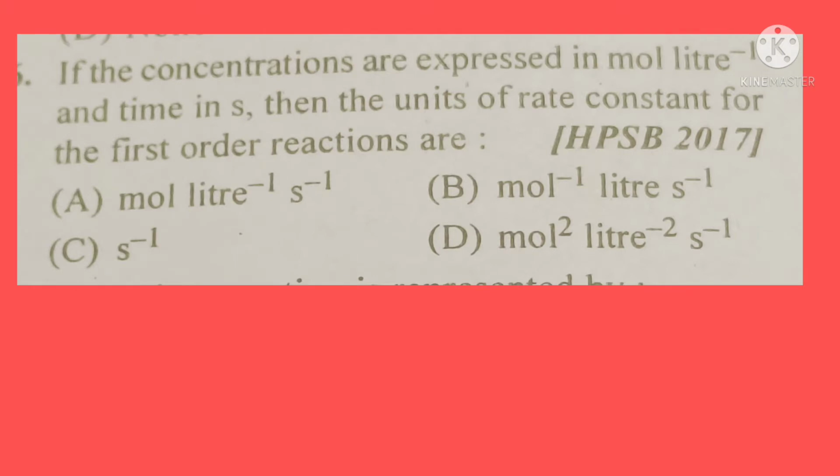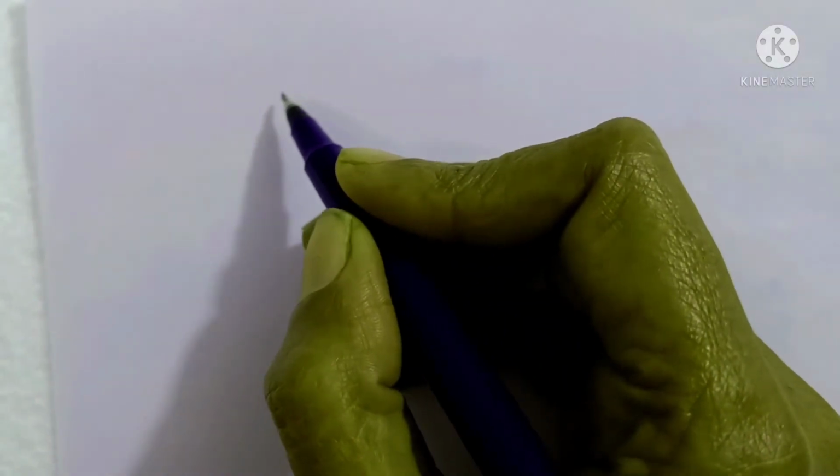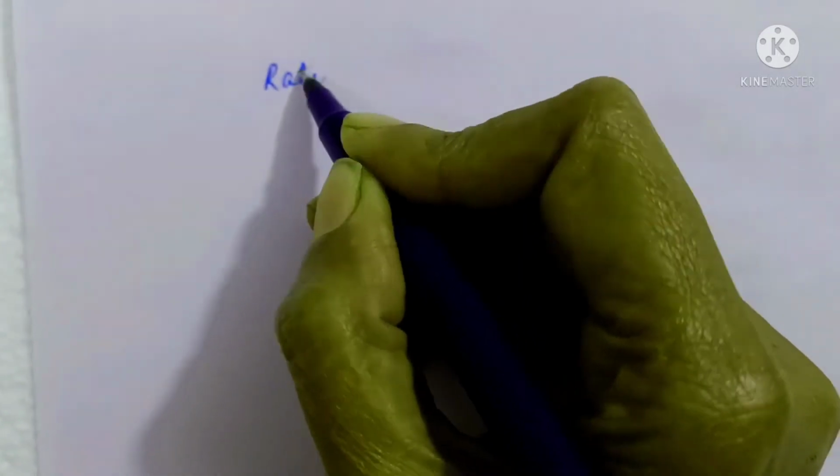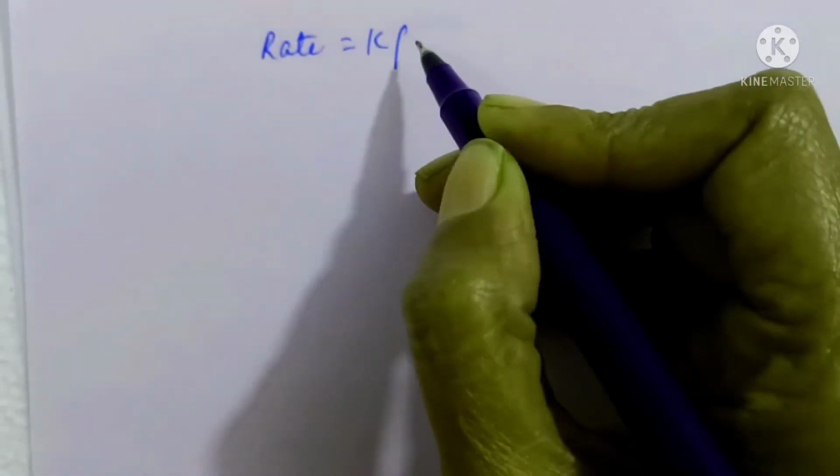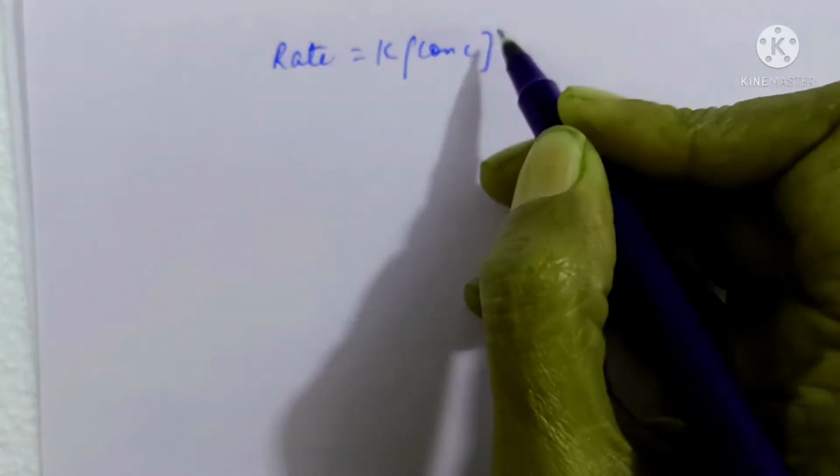If the concentrations are expressed in moles per liter and time in seconds, then the units of rate constant for the first order reaction are. For a first order reaction, rate is equal to K into concentration raised to power 1.